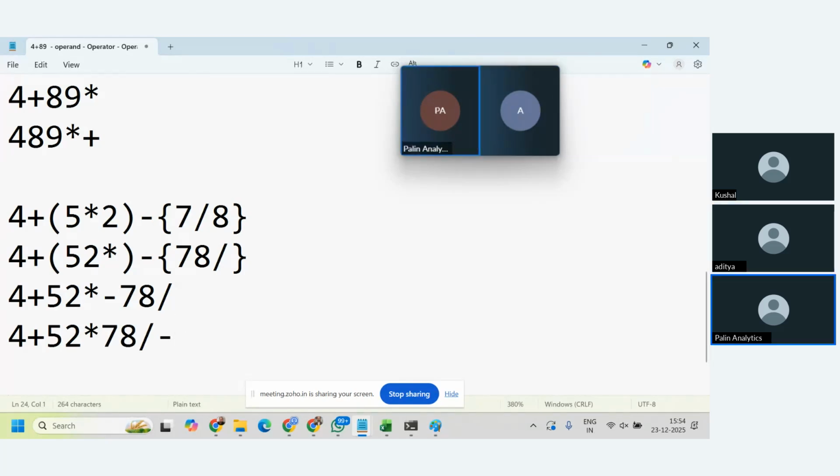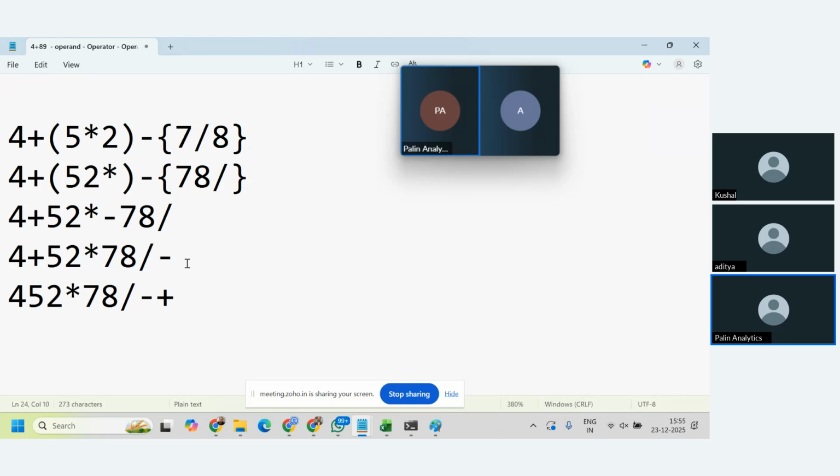Finally, at last, what will happen? 4 5 2 into 7 8 divide minus and then plus. Okay. So the postfix conversion of this entire equation is now this. Is this clear?